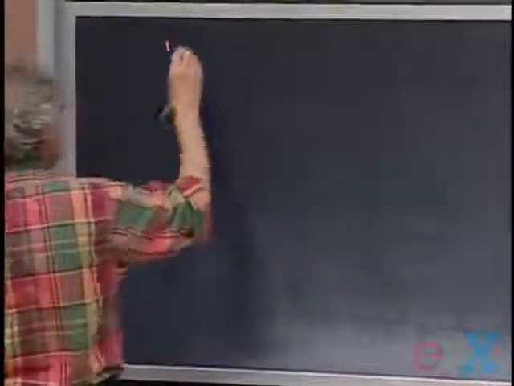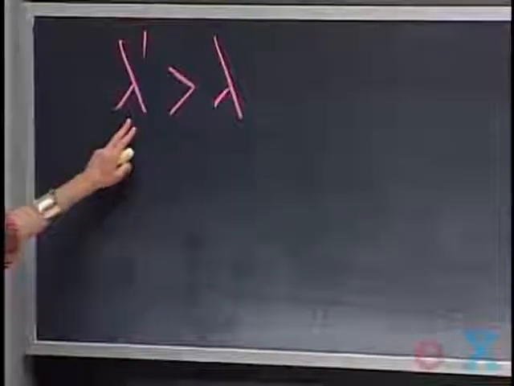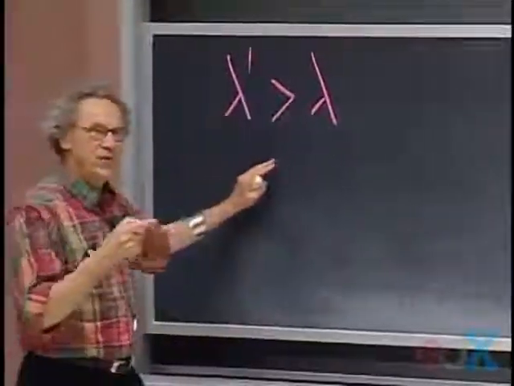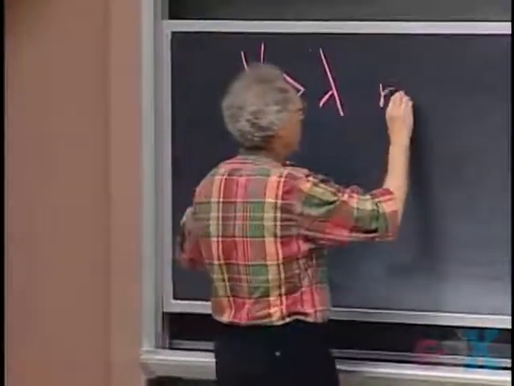If a particular discrete wavelength in our own laboratory would be 5,000 angstrom, and I look at the star and I see that lambda prime is larger than lambda, that means the wavelength, the way I observe it, is shifted towards longer wavelength, in the direction of the red, and we call that red shift.